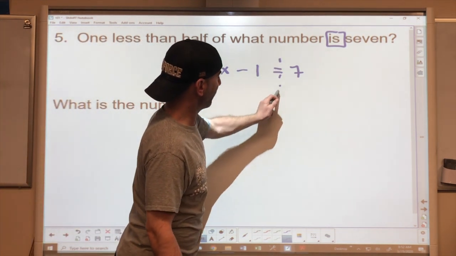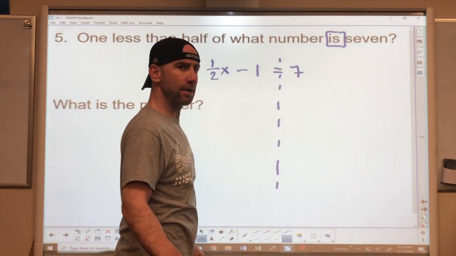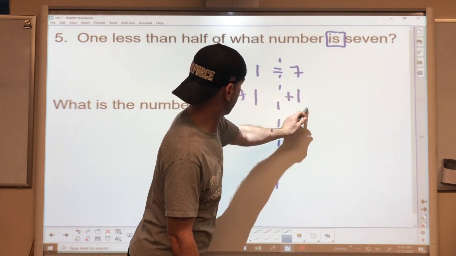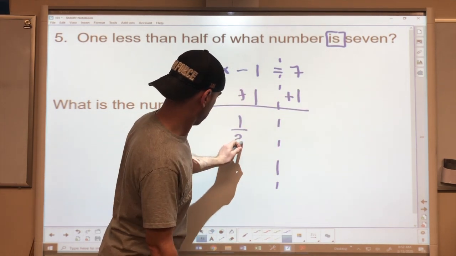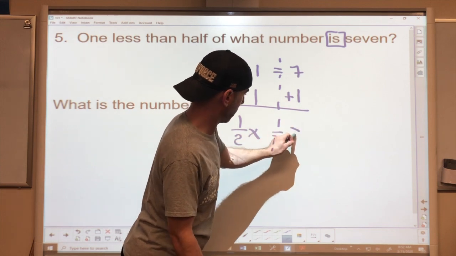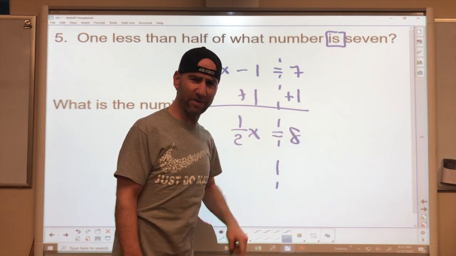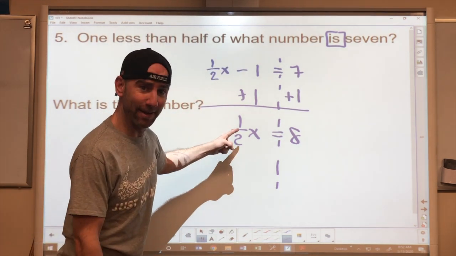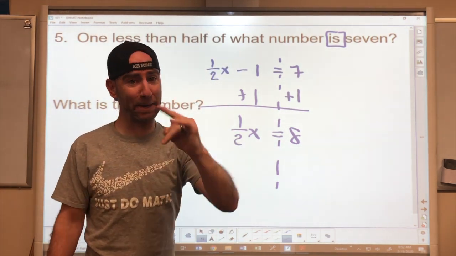Okay, here we go. The first step is going to be add 1 to both sides. You are correct. And now, do you remember what we've done this year with a fraction, a coefficient that's a fraction? Multiply by the reciprocal.